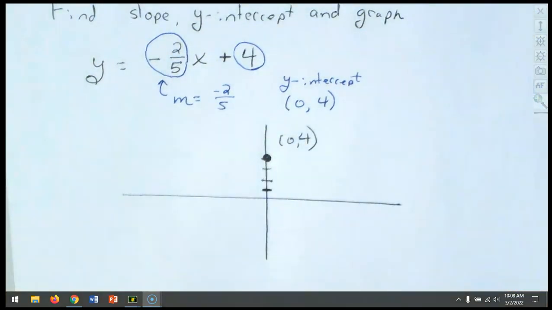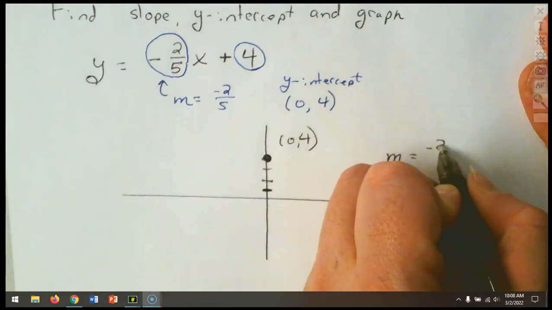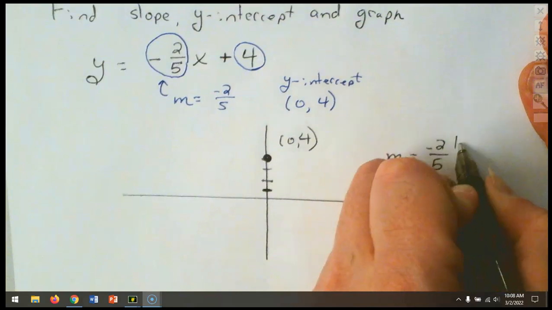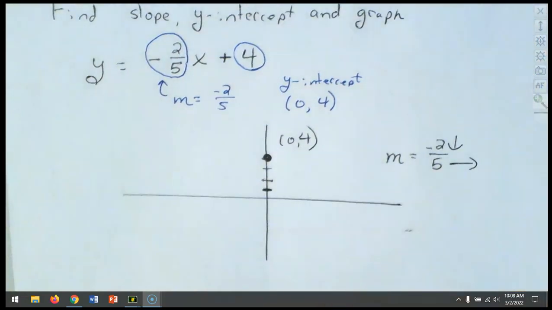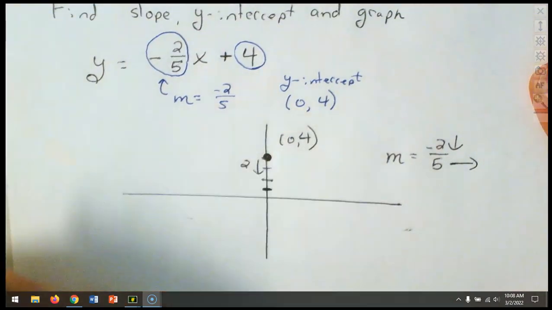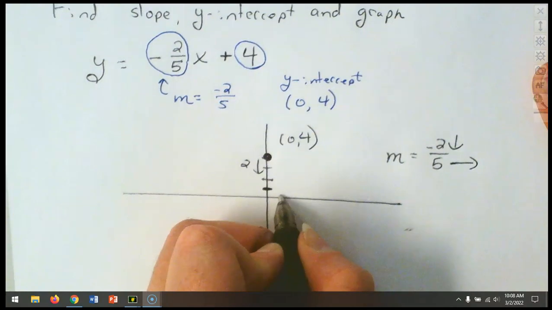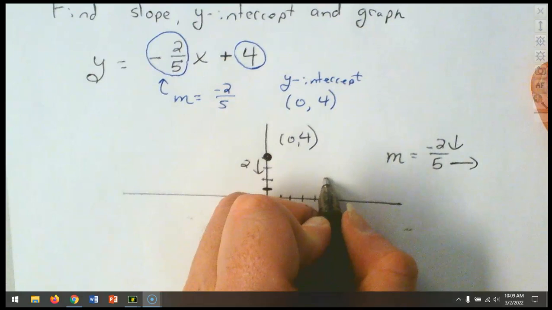Now, what are we going to do? We take that point that we have, that (0, 4), and then we move according to our slope. Our slope is negative, so we're going to be going down. So we're going to go down 2 over 5. We start at that (0, 4), and we go down 2, and then we go over 5.